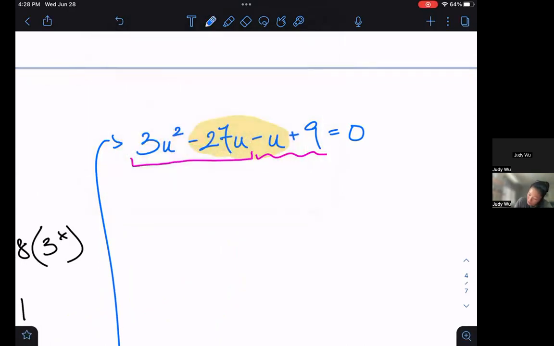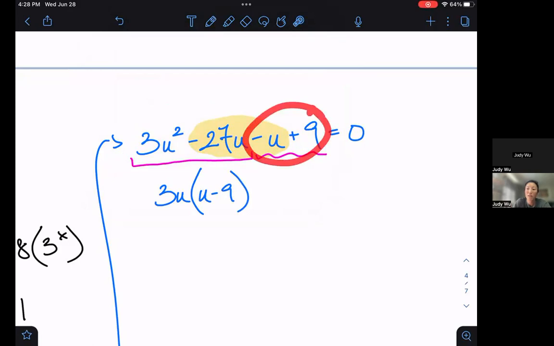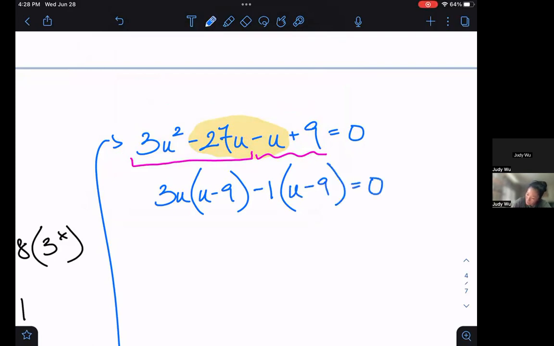Now, if I look for the greatest common factor here, I end up with 3u times u minus 9. And if I do the same thing over here, I'm actually factoring out a negative 1. When I factor out a negative 1, I end up with u minus 9, and it's the minus here because minus times minus makes the plus. All right, 3u minus 1, u minus 9 equals 0.